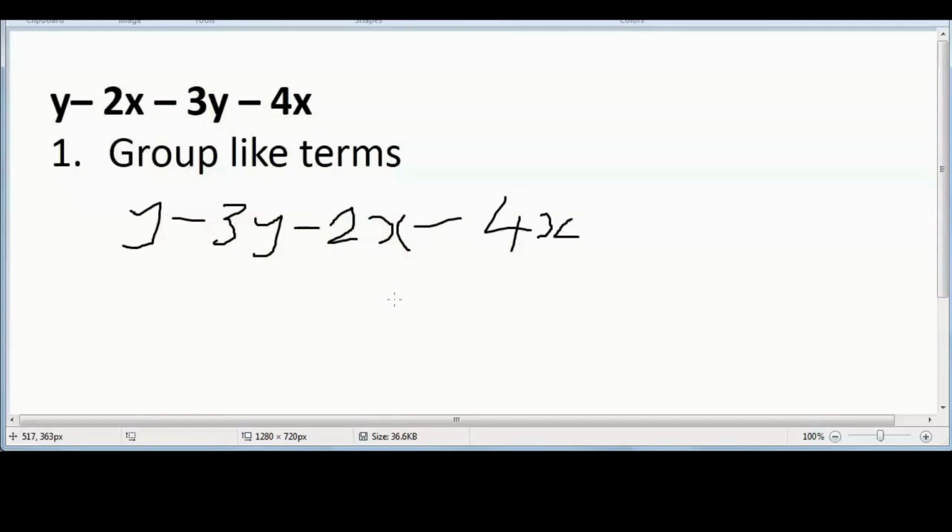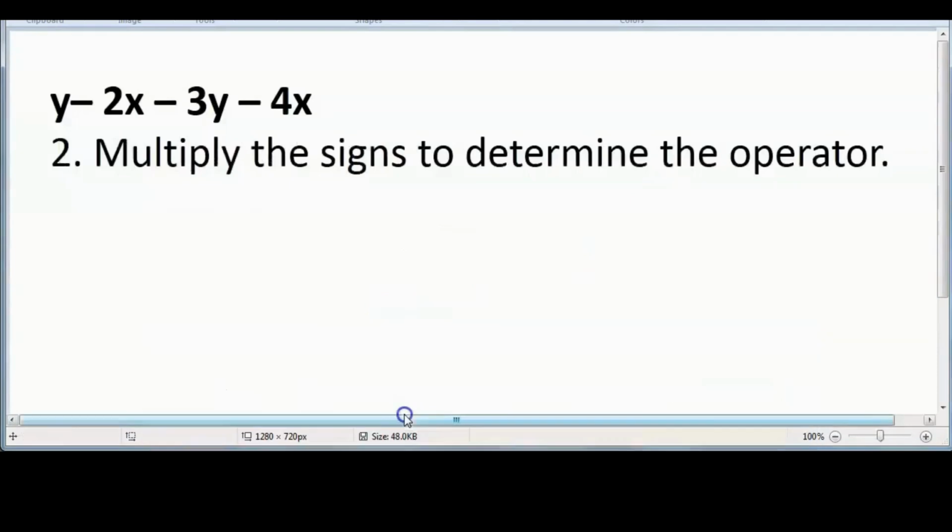Now we're going to go to the next rule, which is multiply the signs to determine the operator, to know what to do to the operands. Now starting with the y, we have a plus and a minus. Plus multiplied by minus gives you minus. The plus of the y and the minus of the 3y gives you a minus.